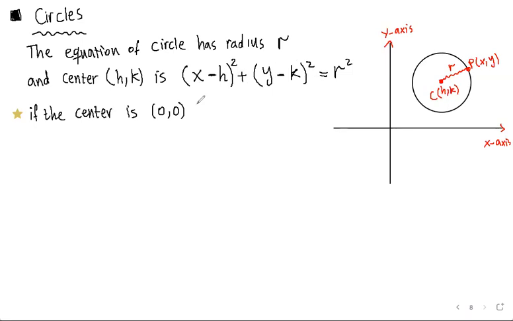It's x squared plus y squared equals r squared. Exactly. Because h is 0 and k is 0 and the radius is r, it would be x squared plus y squared equals r squared, without the parentheses.